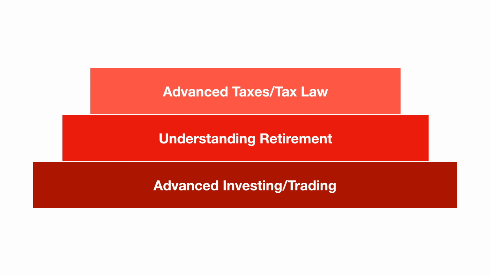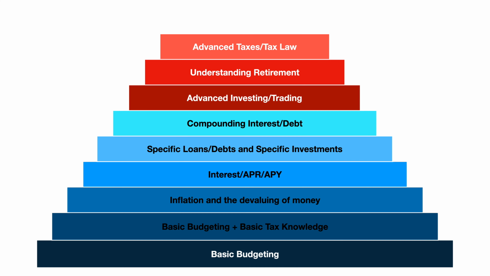So get used to these three right here. That is what Financial Math 2 is going to focus on most: advanced investing and trading techniques, understanding more fundamentally what retirement is and how to get there, and then understanding more advanced taxes, different tax techniques, and understanding the tax law in the US and how there's a bunch of different types of taxes. So those are the big three we're going to focus on in this class.